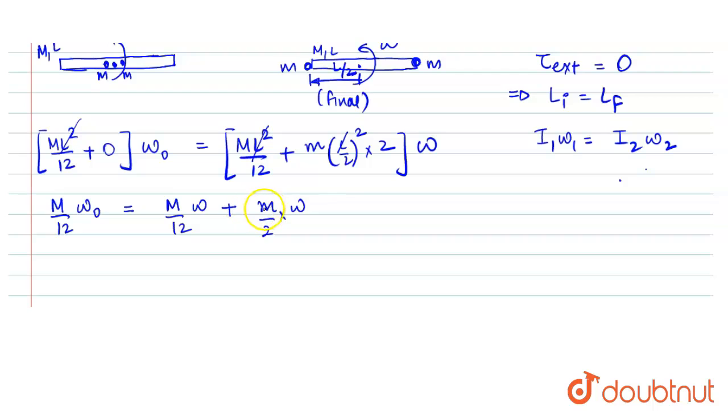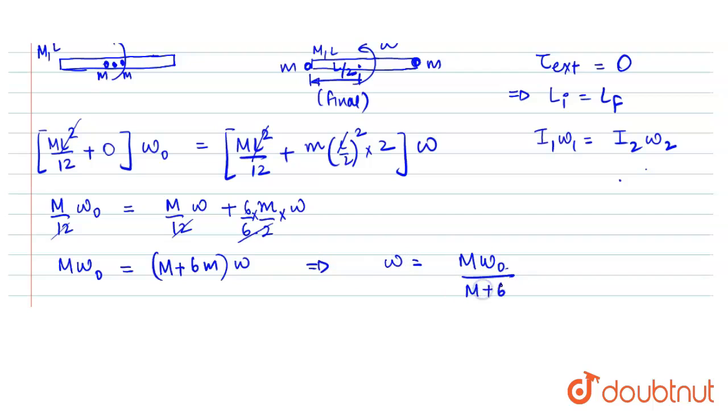We have to write the value of omega, so let's multiply by 12 and divide by 6, and now we can cancel 12 as well, so this is written as M omega naught equals capital M plus 6m times omega. So from here the value of omega will be M omega naught divided by capital M plus 6 into small m, right?